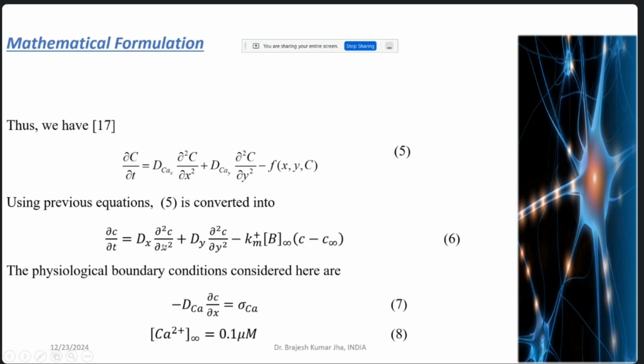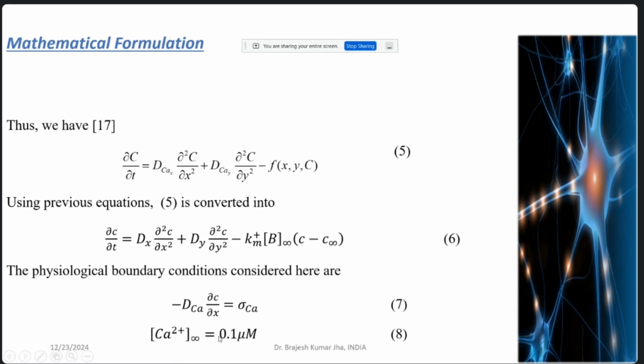Earlier also, it will be the reaction advection diffusion equation that will take place. But here I am presenting the reaction diffusion equation. The boundary condition that is considered here, so Ca2+ at infinity means what? As it moves out, far away from the source, then it will be what?